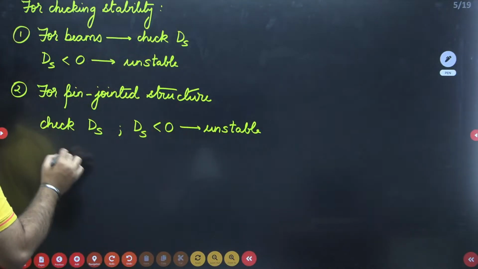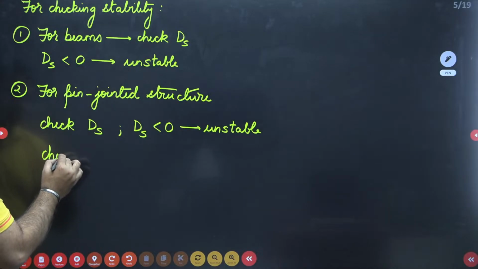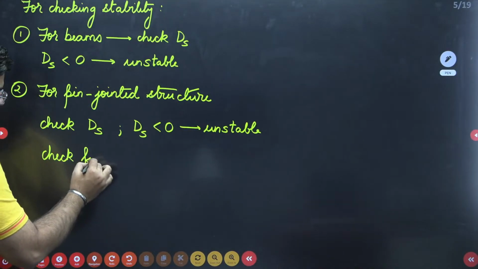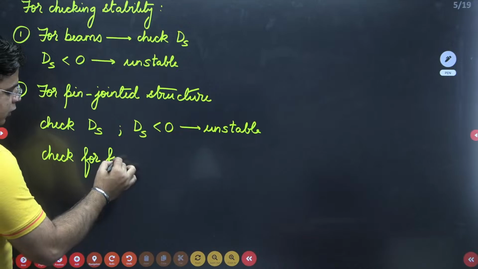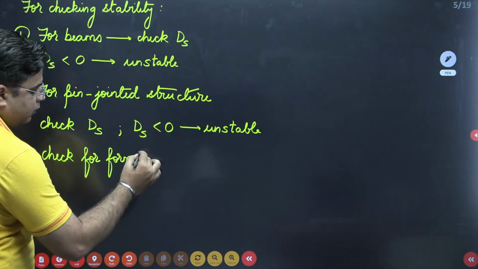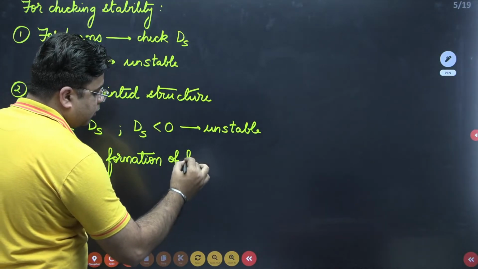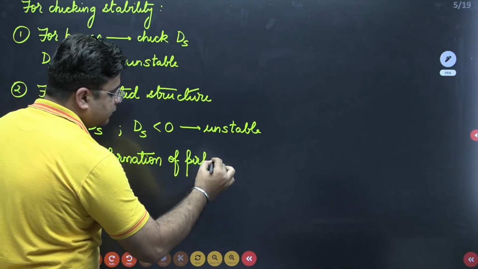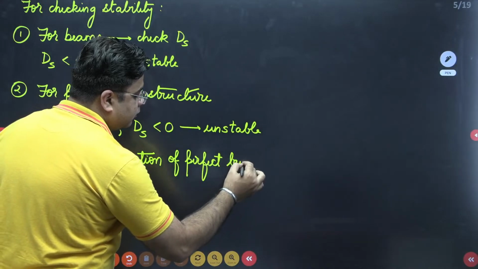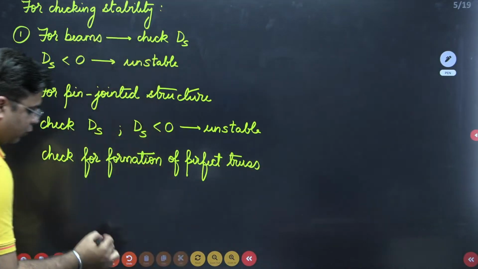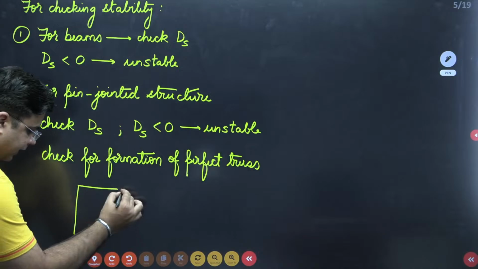The second check is for the formation of a perfect truss. It means every block should be connected with a diagonal member.